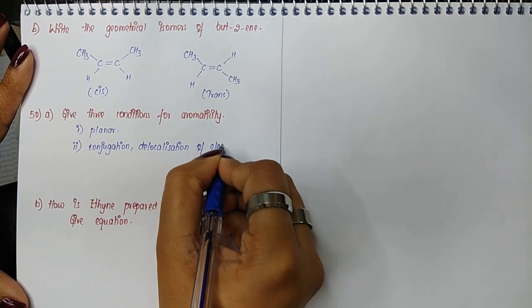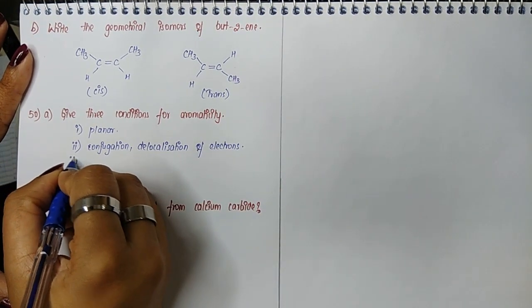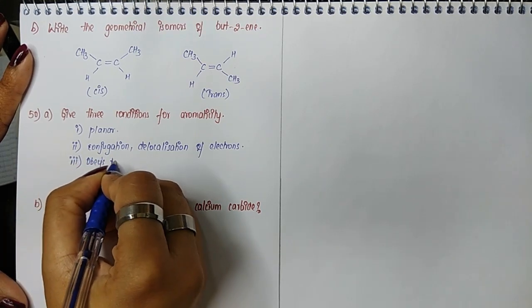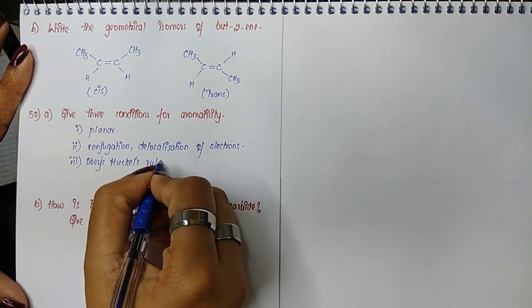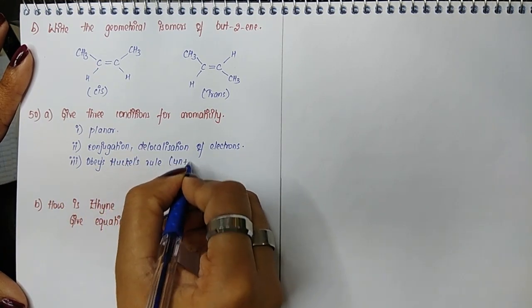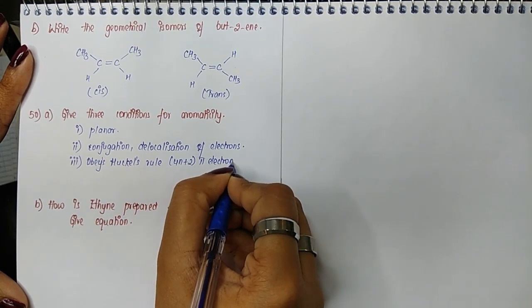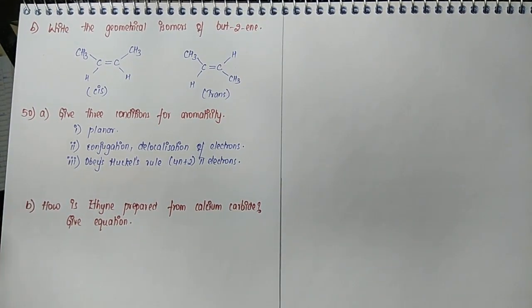And the last one is it has to obey Huckel's rule, which is 4n plus 2 pi electrons. So these are some of the conditions for aromaticity.